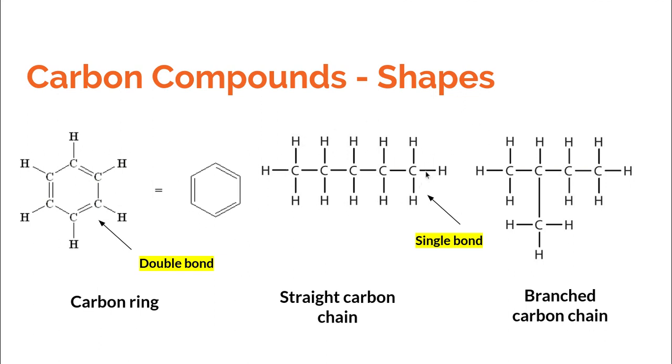Here it's hydrogen connected to them. And we can also make these things called branched carbon chains. So here we have a straight carbon chain, but instead of continuing out this side, we have a branch coming off, and this carbon is actually connected down to this guy instead of being connected to a hydrogen.